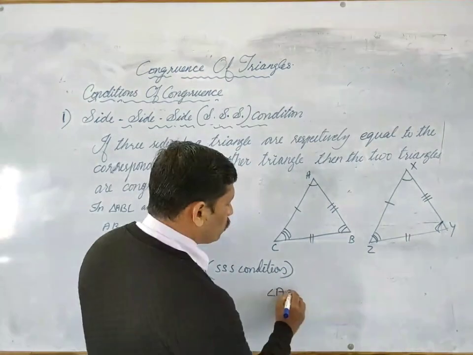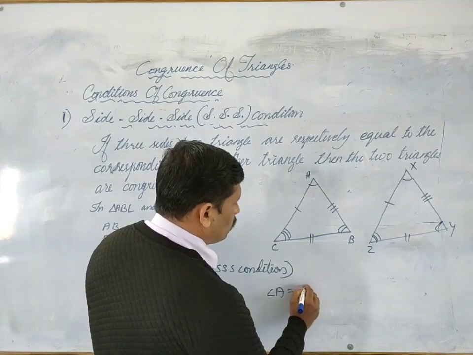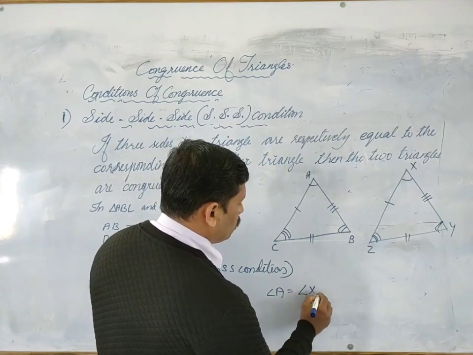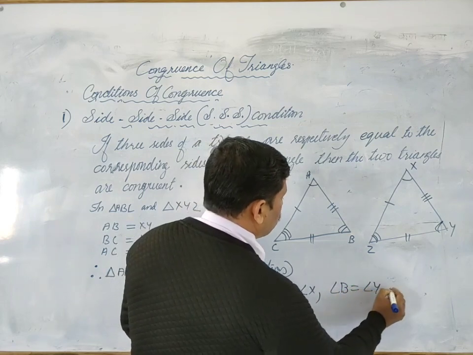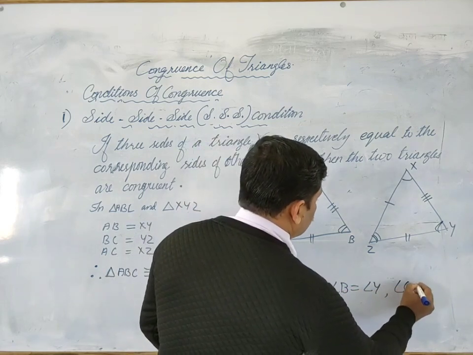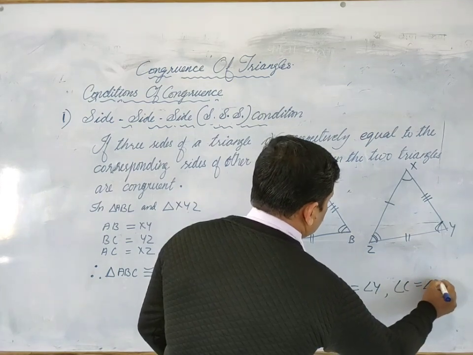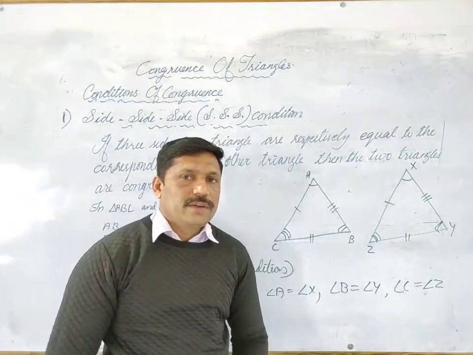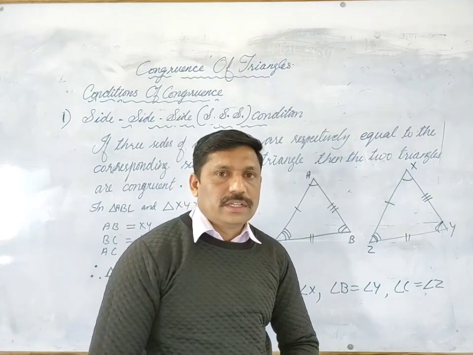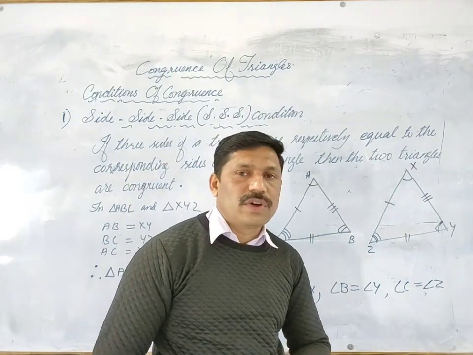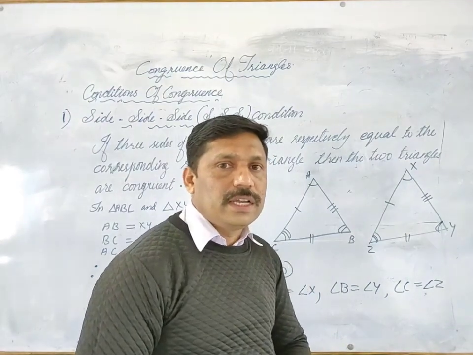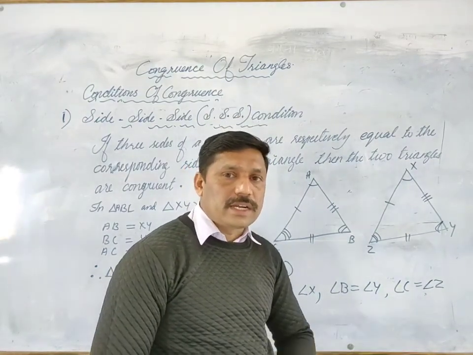So in this way, when two triangles are congruent, then their corresponding angles are also congruent. So students, I think that you understood the first condition of congruency, that is side condition.